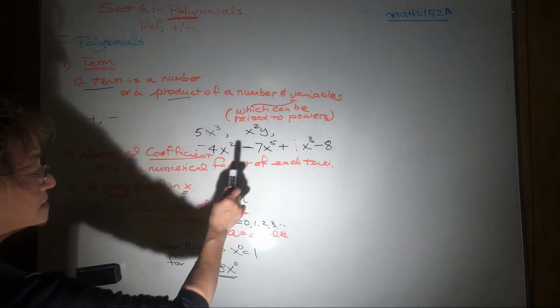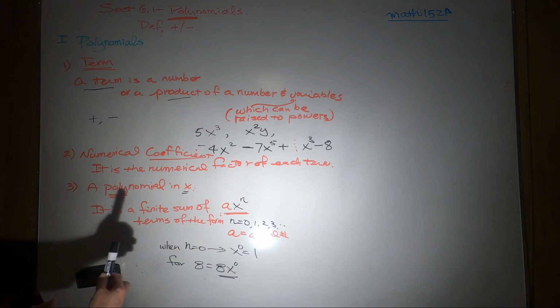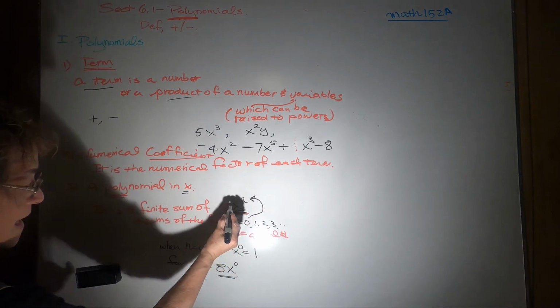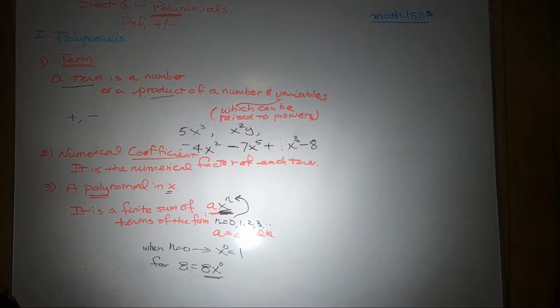So all the terms can be expressed as x to some power, but the n can be what? 0, 1, 2, 3, and so on. Okay? So that clarifies everything we use, so you have a clear idea. Okay? So when we talk about it, then you know what it means.